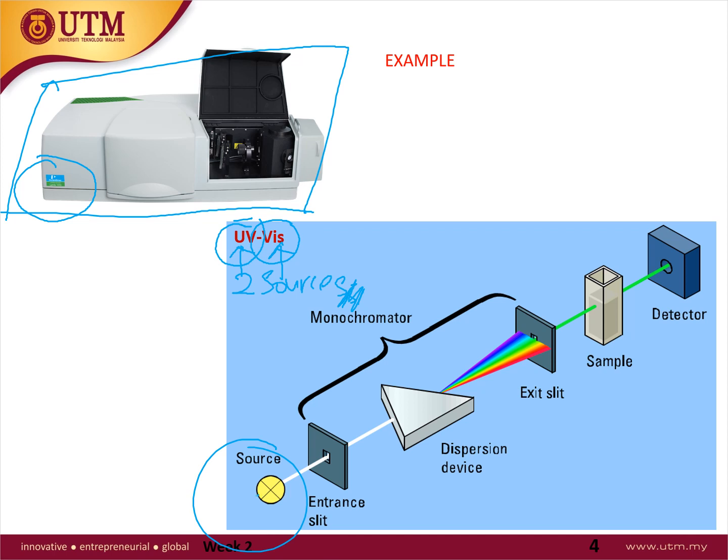In this case, the source for UV is a deuterium lamp, while the source for visible will be a tungsten filament bulb. This is the beauty of the UV spectrophotometer, whereby the sources are two.